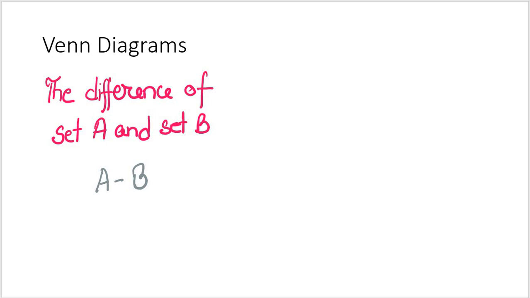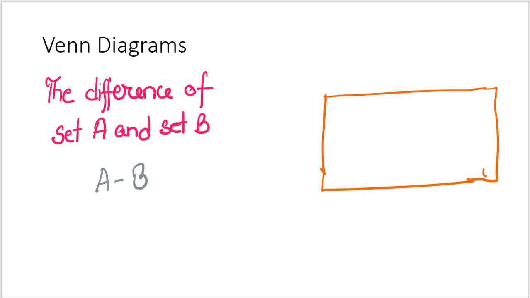So let me draw the diagram once again for you. On this side, once again, I have the universal set, our very own universal set. Within that, I have a set A. Within that, I'll have a set B. So my A minus B will be this part.